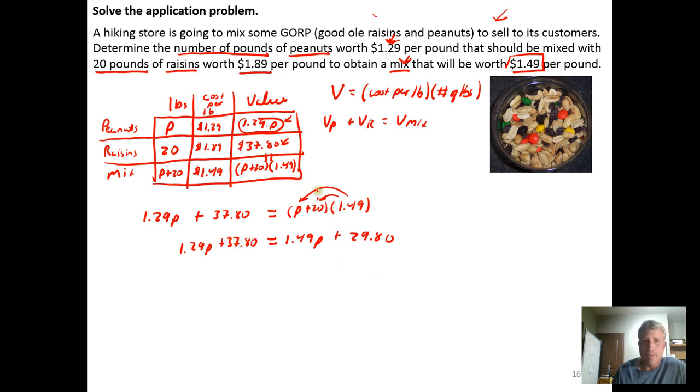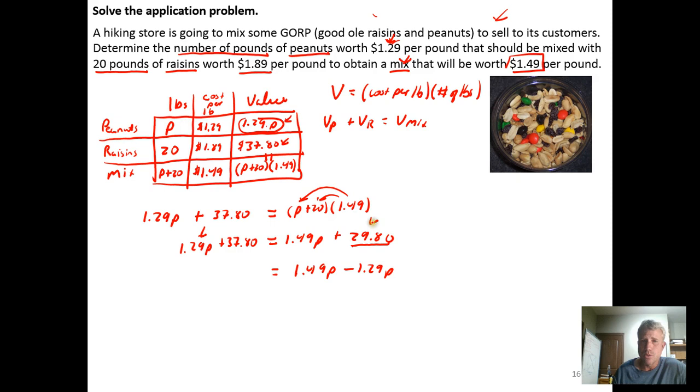I want to get all the P's on one side and the not-P stuff on the other. I'm going to subtract $1.29P from both sides, so I get a positive number over here. So on this side I'm going to have $1.49P minus 1.29P. Then I'll get the stuff without the P all on the left hand side.